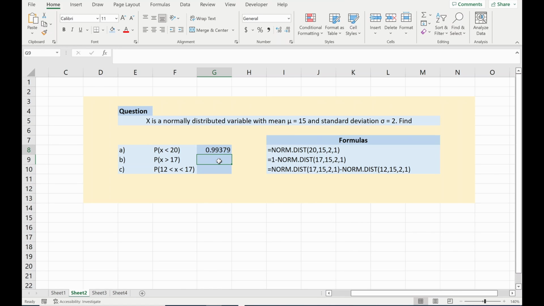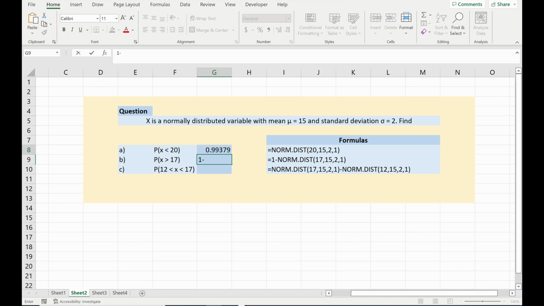Now, if we want the probability that X is greater than 17, we're essentially going to do the same exact thing we did for 20, but because this is a greater than probability, we need to do that 1 minus. Because if you have the probability that X is less than 17, and we know the probabilities always add up to 1, we can always just do 1 minus the probability that X is less than 17 to get the probability that X is greater than 17.